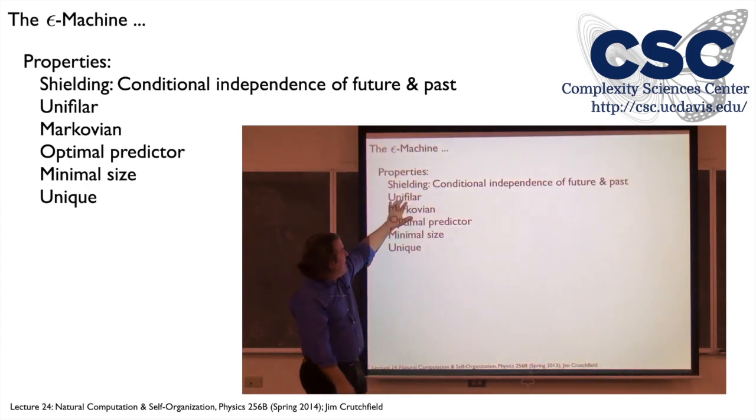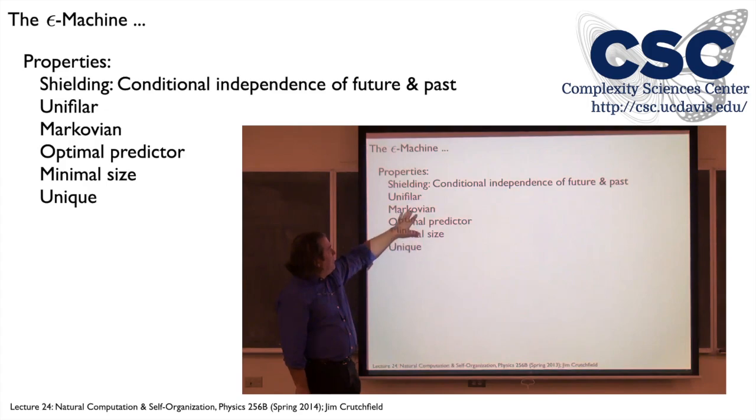Like I already hinted at, we have to show that the Epsilon machine is actually a unifilar hidden Markov model, that the causal states have a kind of Markovian property of summarizing the past, and maybe more operationally, that they're optimal predictors.